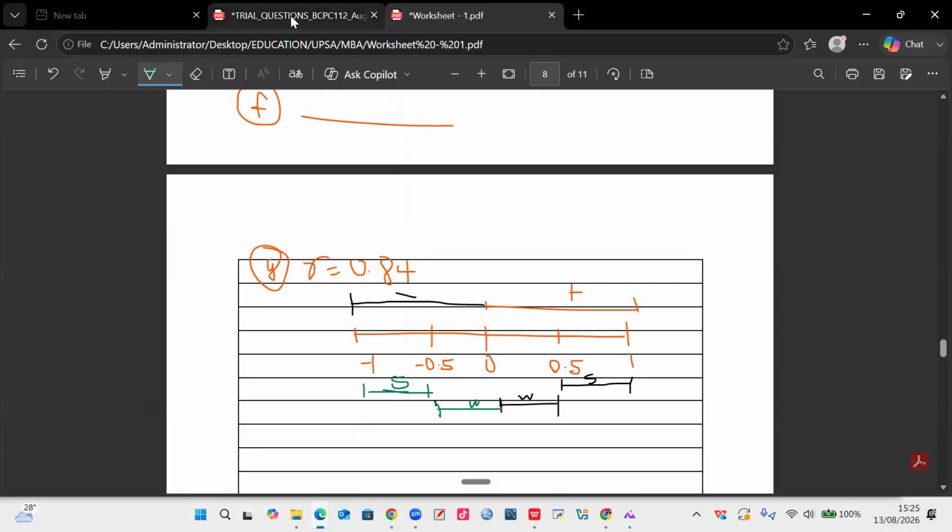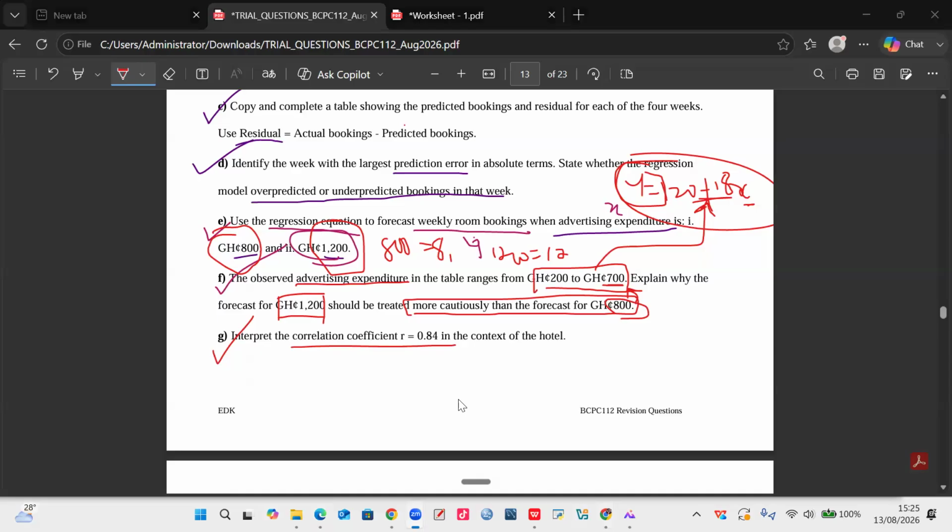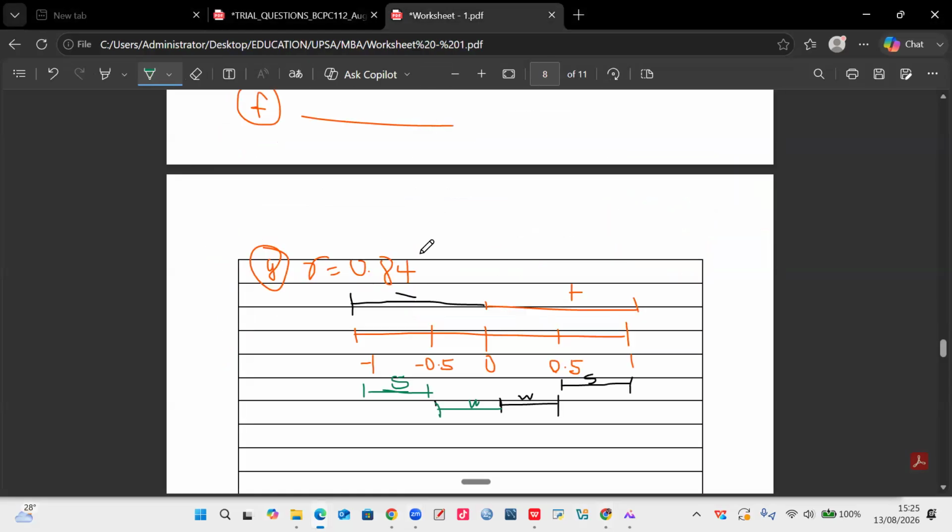So we should give the interpretation. Interpret the correlation coefficient R equals this in the context of the hotel. Now we have the correlation coefficient to be 0.84. Which quadrant will it fall in, based on what you have indicated? It will fall in strong positive.